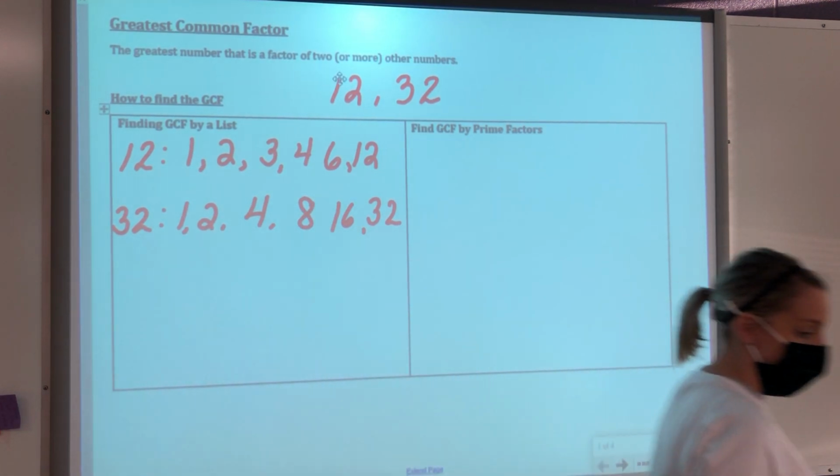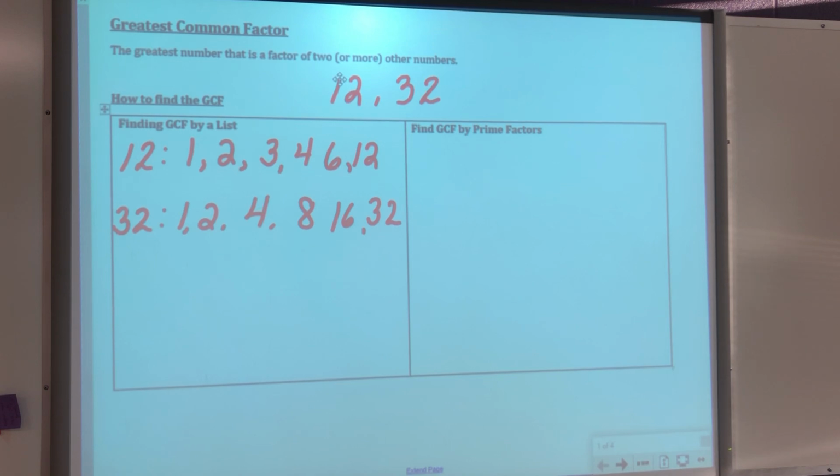We're just listing the factors, two numbers that multiply together to get that number. So 1 and 32 multiply to get 32. 2 and 16 multiply together to get 32. And then 4 and 8 multiply together to get 32. A multiplication chart is a beautiful thing when we're talking about factors. I've got a couple of them here. If I need to make more copies, if you want a multiplication chart, that's cool.